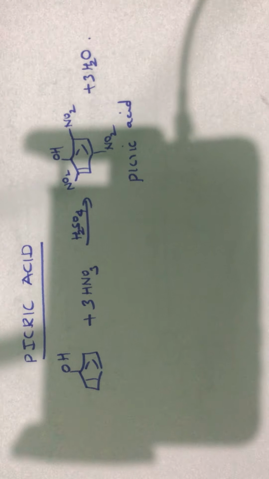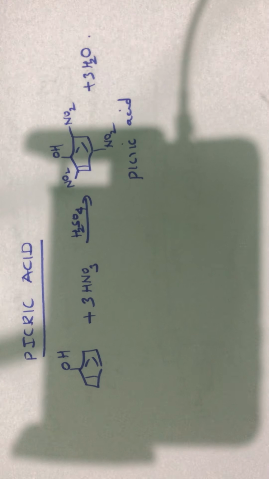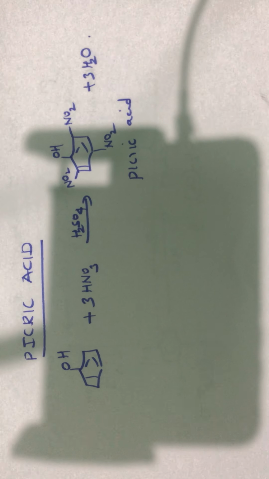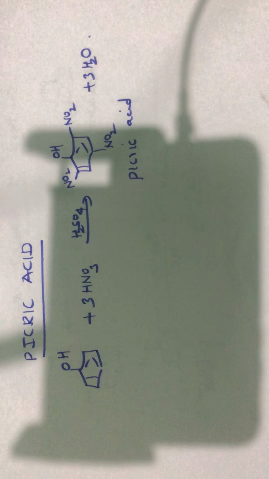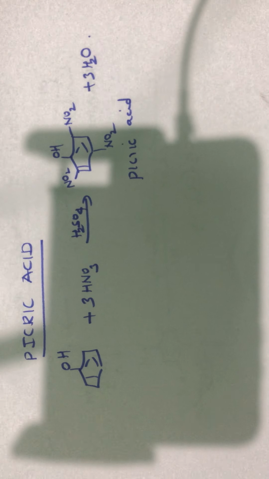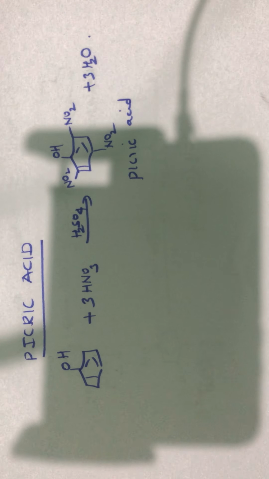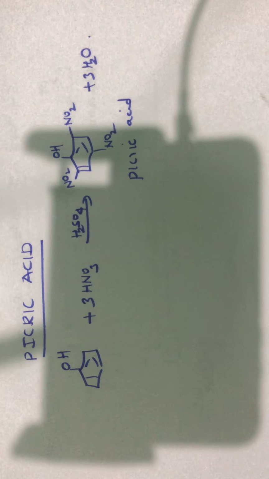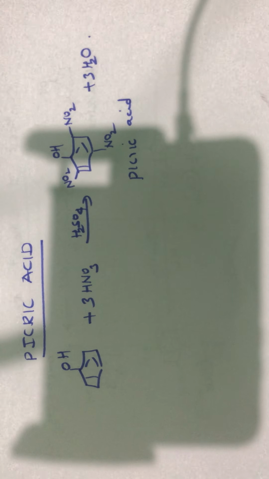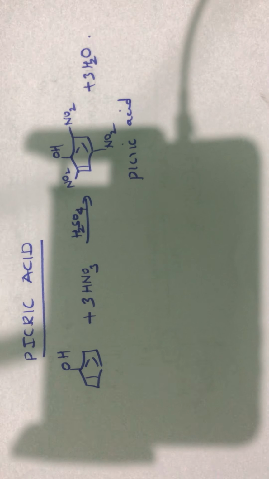It is used to produce explosives like melinite. It is used in qualitative analysis, where picrate derivatives are used to identify aromatic hydrocarbons. The derivatives of this compound are used as a surface anesthetic for the treatment of burns. So this was about the phenols chapter, students. Thank you.